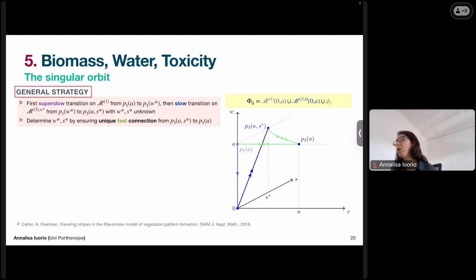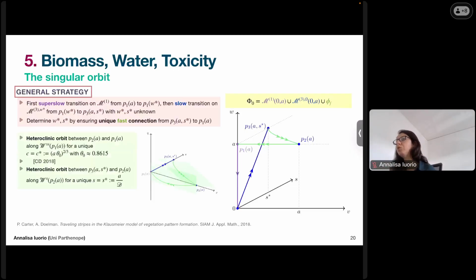Just as a priori, you don't know what is the value of S star that will bring you precisely to this point P3 of A, S star when W is equal to A. So the criteria that you adopt is you find these values that we call W star and S star, ensuring that there is a double heteroclinic connection that can close the loop between P3 of A, S star and P1 of A.